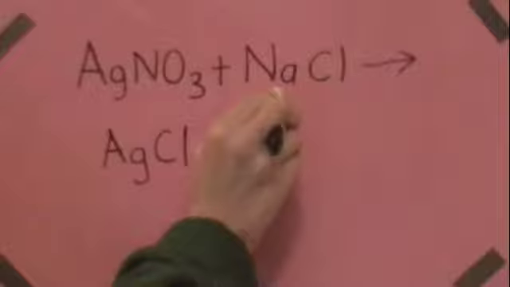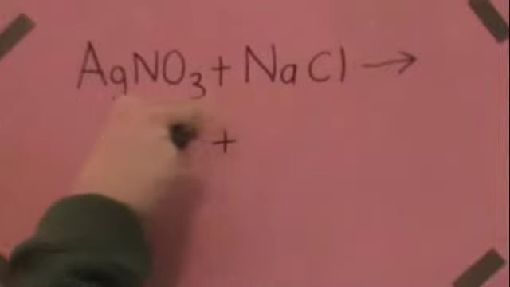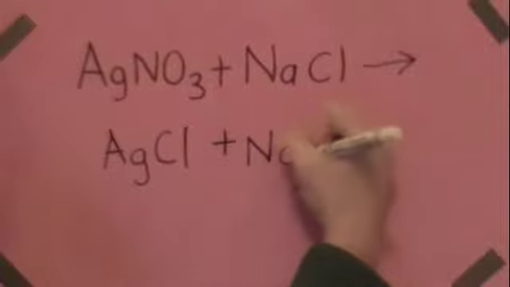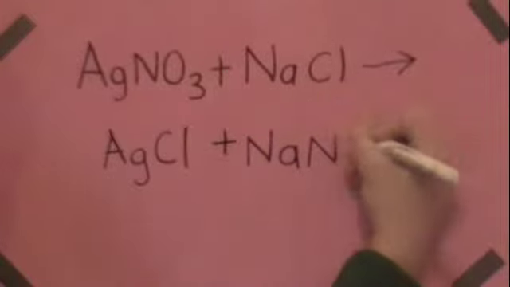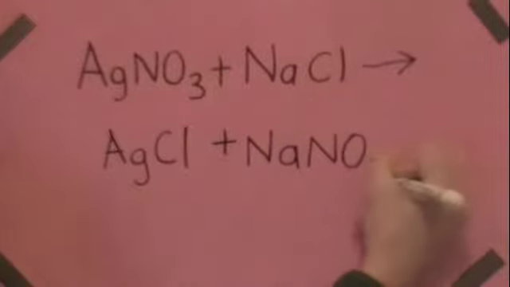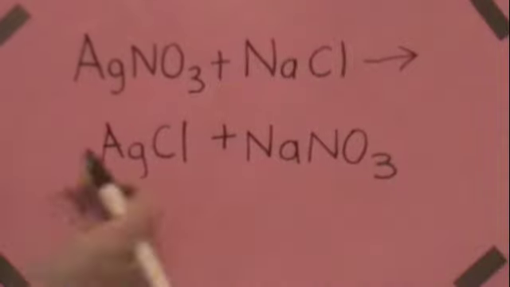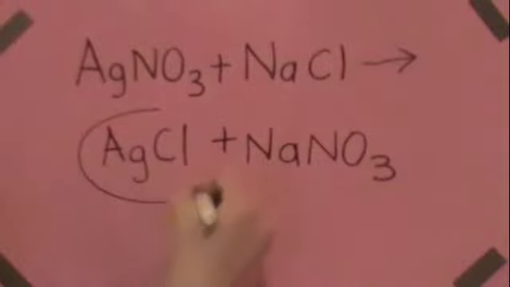And the cation of the second reactant pairs with the anion of the first reactant, like this. Using a solubility chart, we can determine what the precipitate is. In this case, NaNO3 is aqueous, so AgCl is our precipitate.